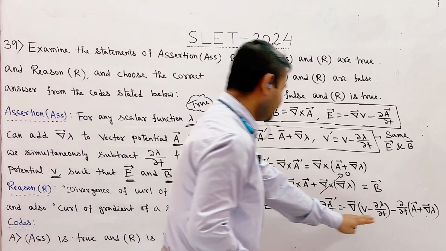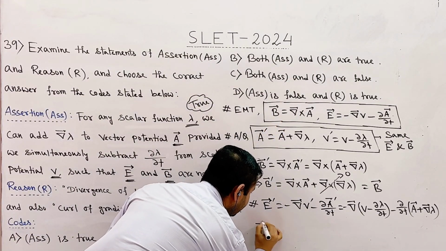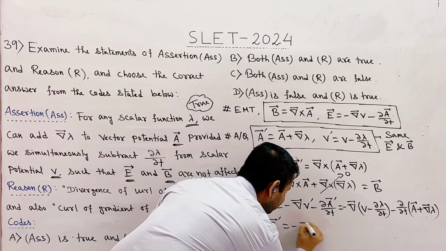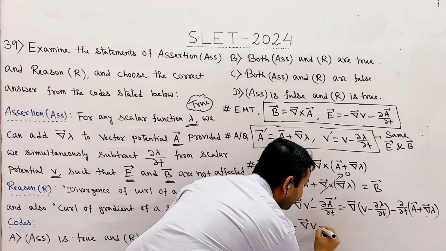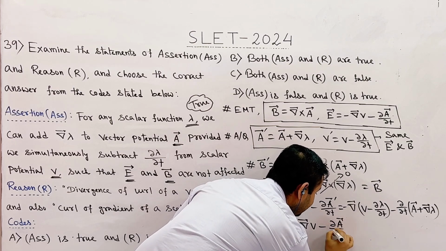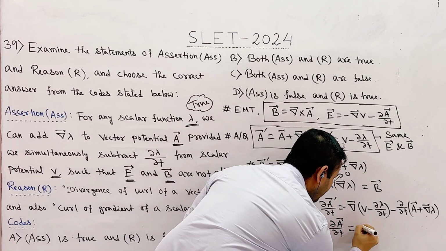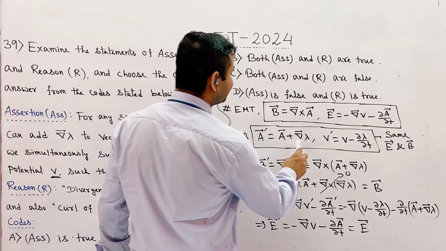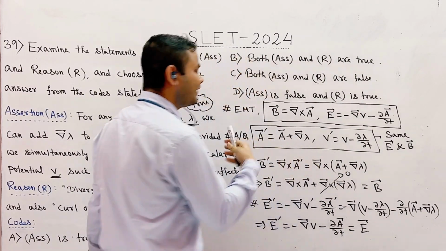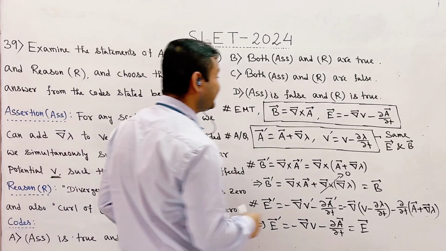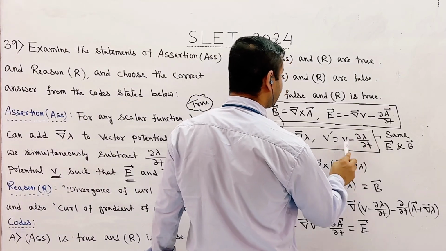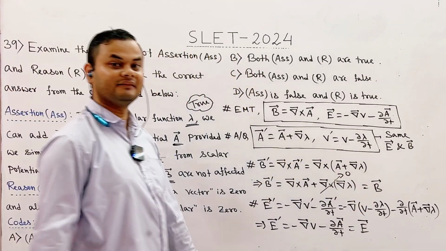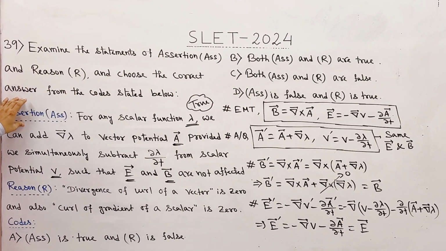After simplification, we will get new electric field E prime is equal to minus gradient of V minus del A by del T, which is equal to old electric field E vector. So we have seen that if we add gradient of lambda to vector potential A and simultaneously if we subtract del lambda by del T from scalar potential V, then we will get the same electric and magnetic fields. So therefore this assertion is true.